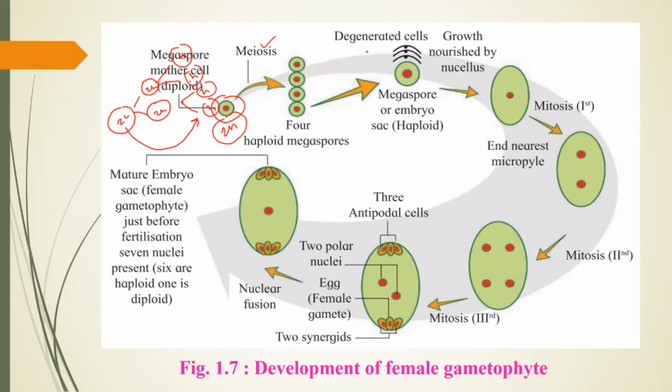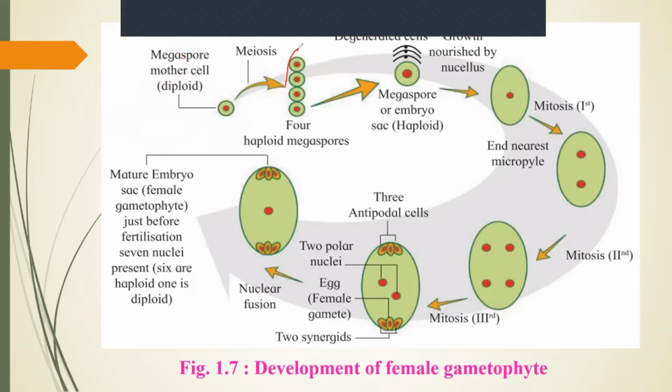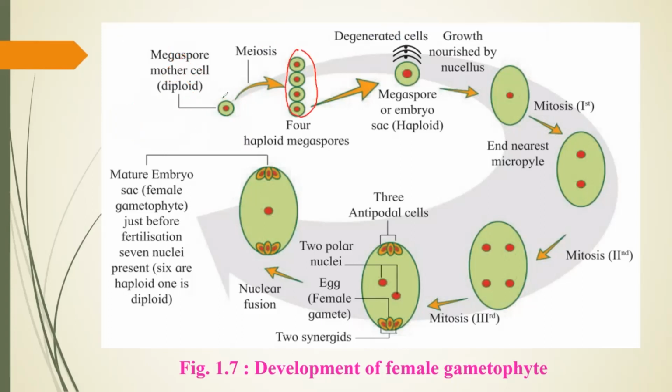Here we have the 4 cells formed from the megaspore mother cell, a diploid cell. One cell remains as it is, and the remaining cells 1, 2 and 3 degenerate. These cells degenerated, and the one cell increases in size. The cytoplasmic content of the degenerated cells is added to the 4th cell.